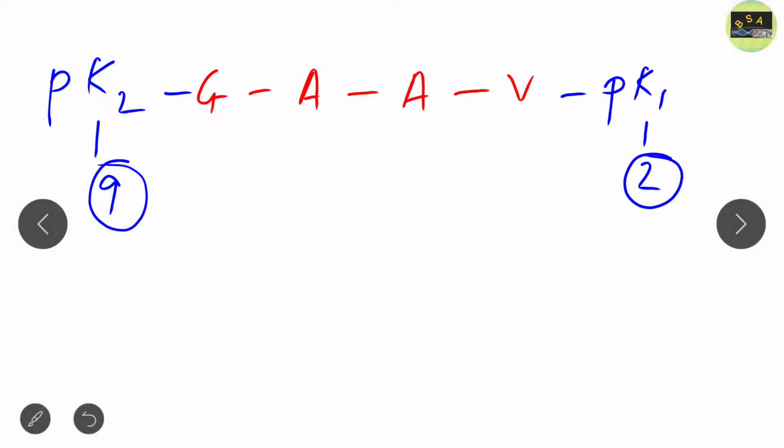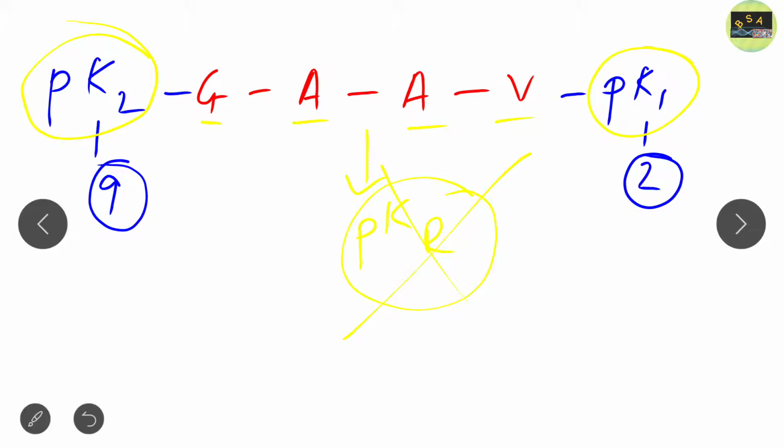We all know that these are non-polar, that is glycine, alanine, and valine, and as these are non-polar, they do not contain pKr values. Clear? As they do not contain pKr values, the only possible ionizable groups are two, one of pK1 and another of pK2, while all these other groups are not going to ionize because they don't contain any charge.